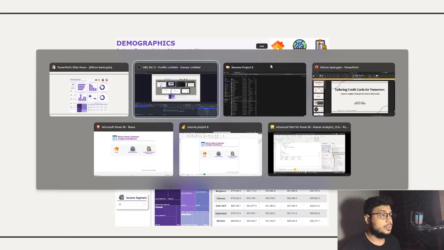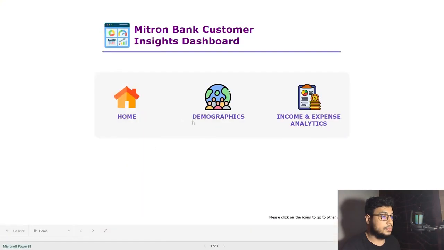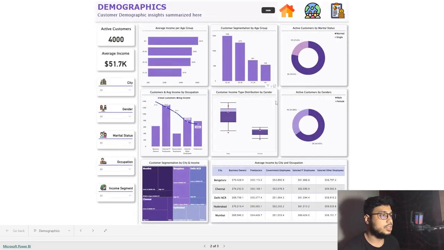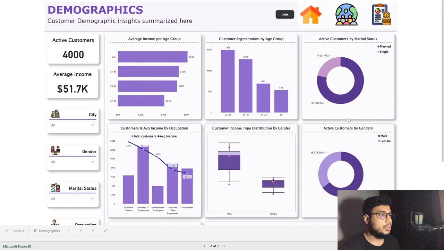So this is our dashboard, the home page of the dashboard. If you click on demographics, you will see the demographics view. In the demographics view, we have cards like active customers. In the data set, we have 4,000 active customers, and on average a customer is earning 51,700 US dollars.